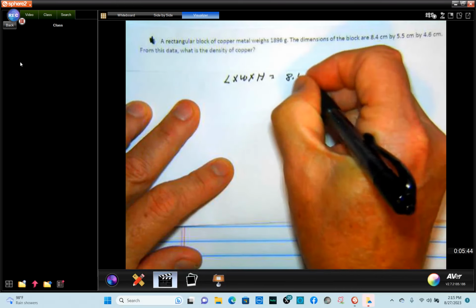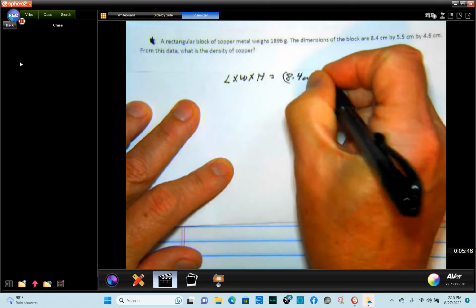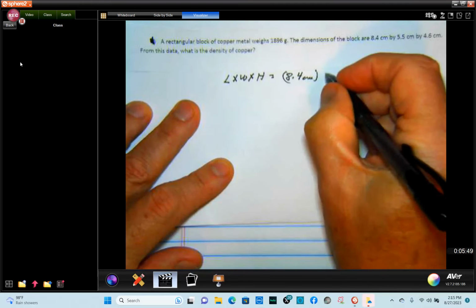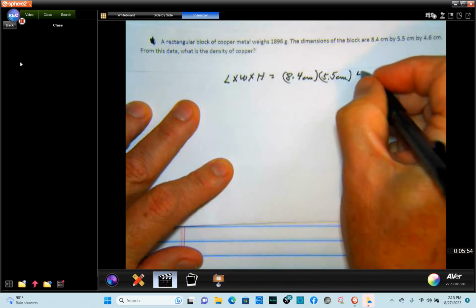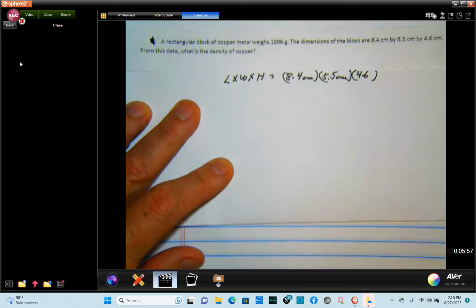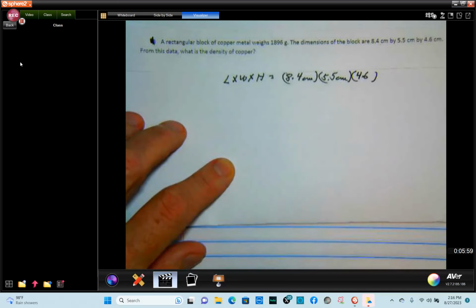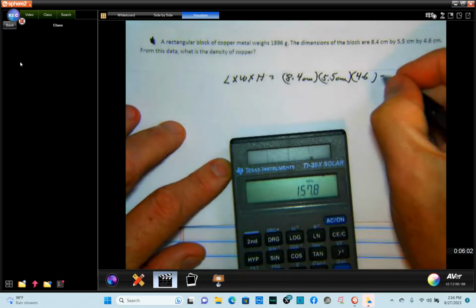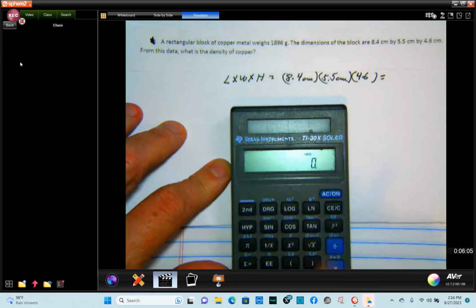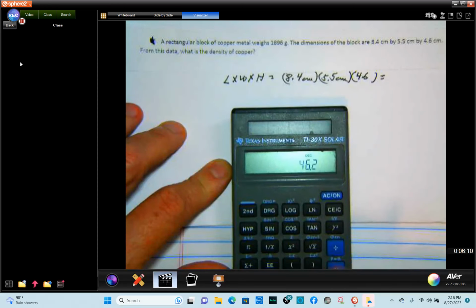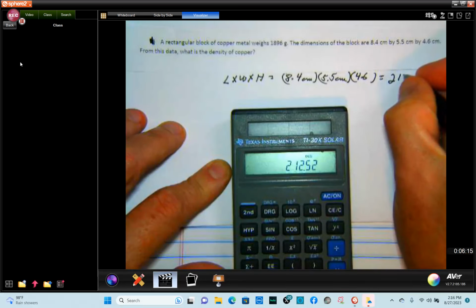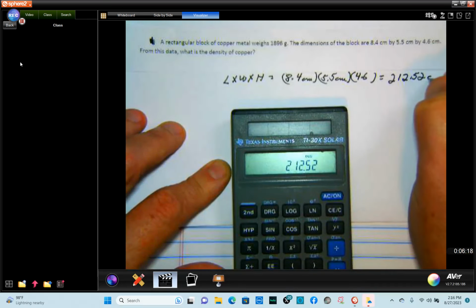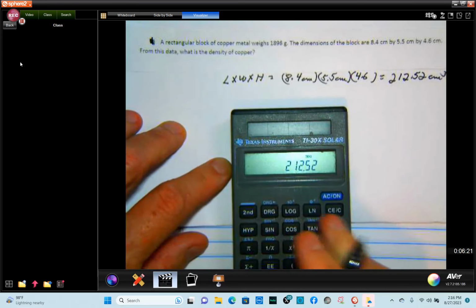So 8.4 centimeters times 5.5 centimeters times 4.6 centimeters. We'll go ahead and crunch that number out, see what we get. 8.4 times 5.5 times 4.6 equals 212.52 cubic centimeters.